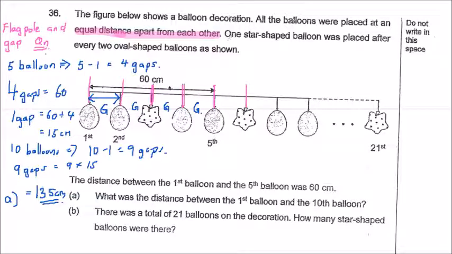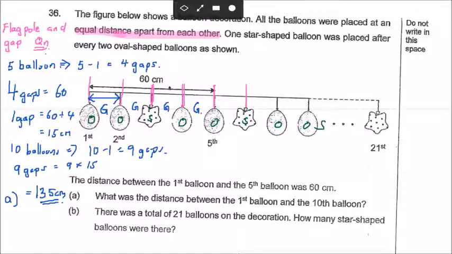Okay, then I move on to part B, right? As they are all together, there are a total of 21 balloons on the decoration. So how many star-shaped balloons are there? Guys, now we have to group them up. Okay, can you see that what I'm going to do is that there is 2 oval shape, O S, over star, over star, over star.